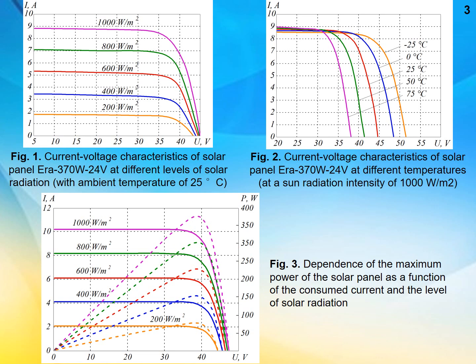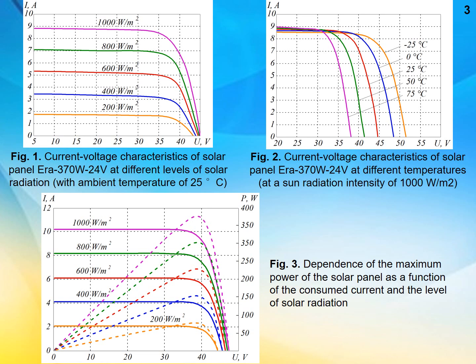One of the most important characteristics of solar panels is its current-voltage characteristic, the shape of which depends on the level of solar radiation and temperature. For example, consider the volt-ampere characteristic of the solar panel type ERA 317W24V, figure 1.